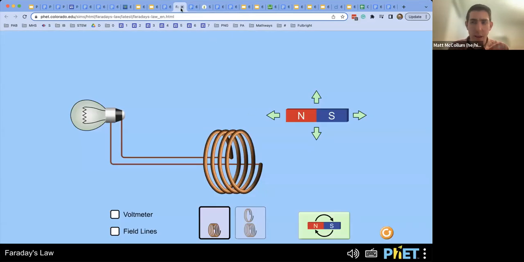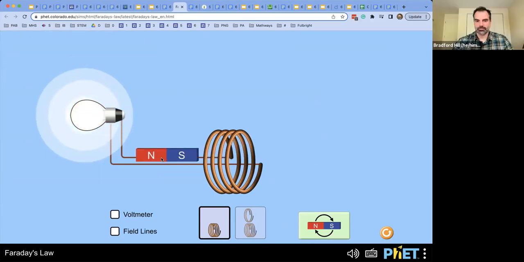So there's this Faraday's law simulation, where they just got done with looking at and building coil wires and sending electricity through. Well, if we take this magnet and move it through the coil of wires, of course, we can make electricity.